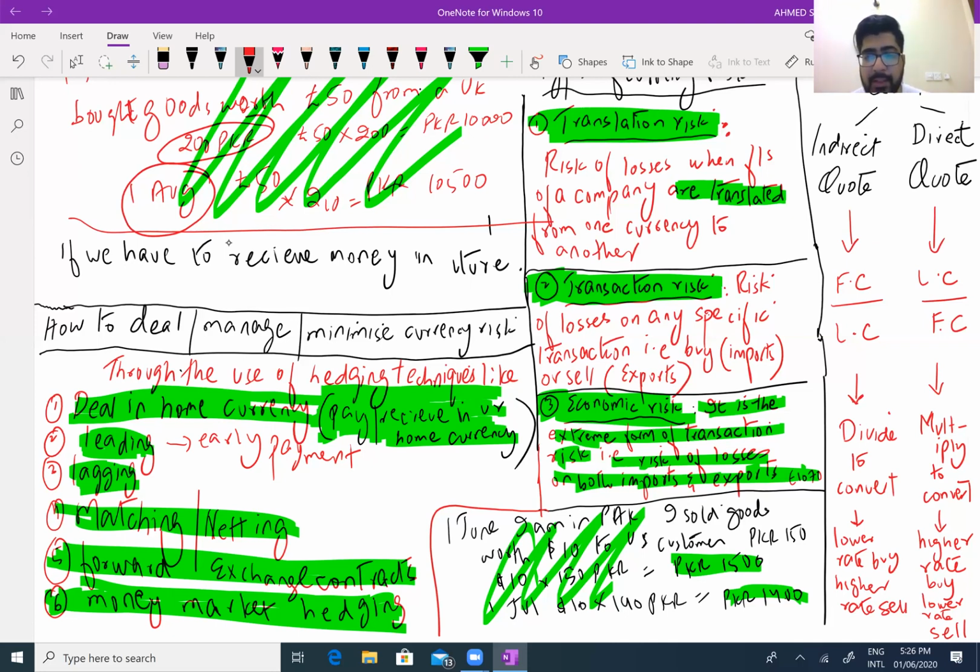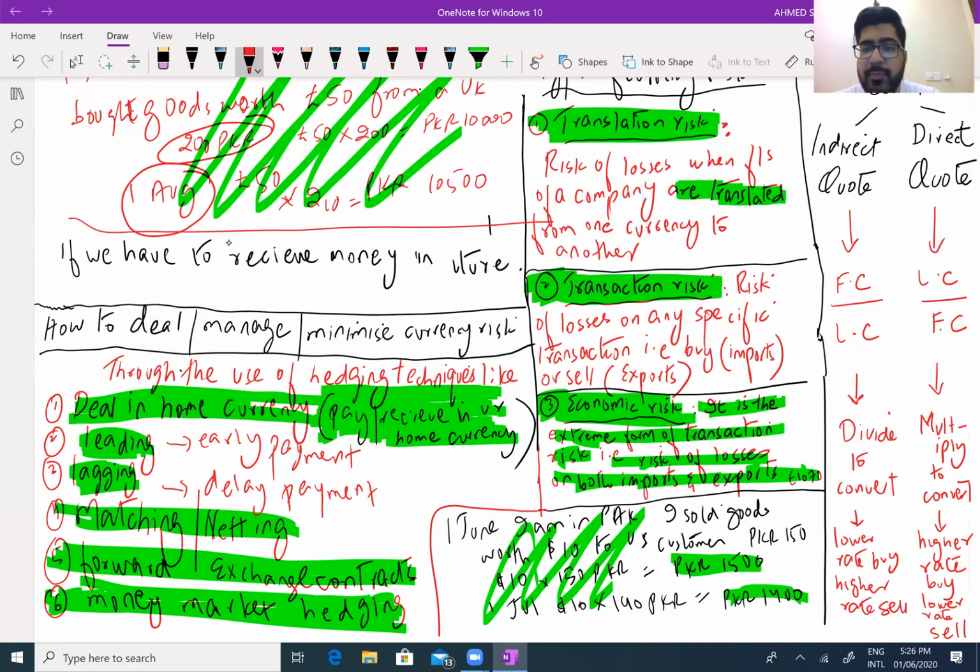The third technique is called lagging. Lagging means delay payment. If currency rates are adverse against you, make a delayed payment, because if you delay, you get more time. Whenever rates fall, pay and save money.